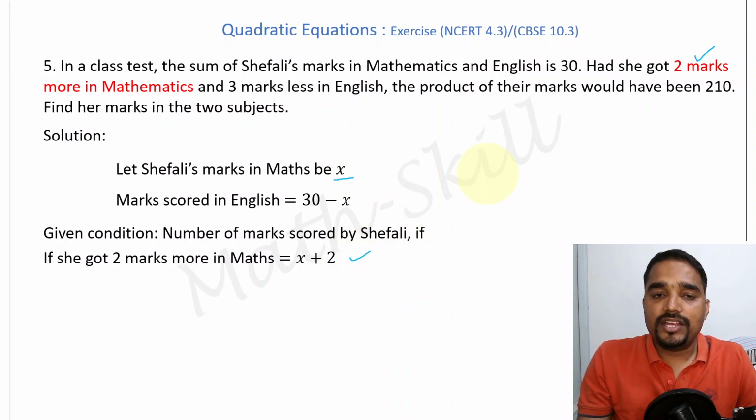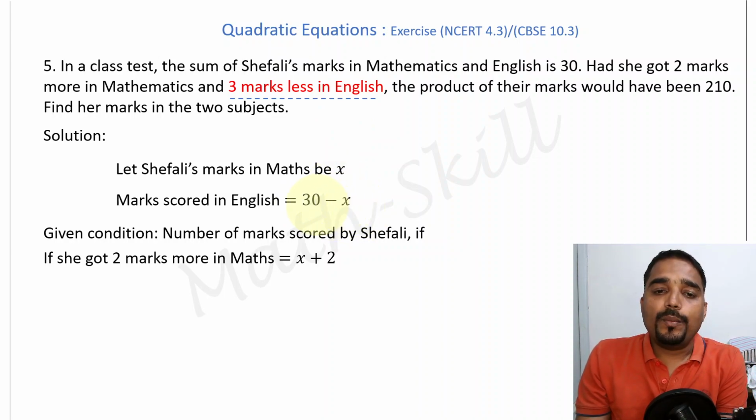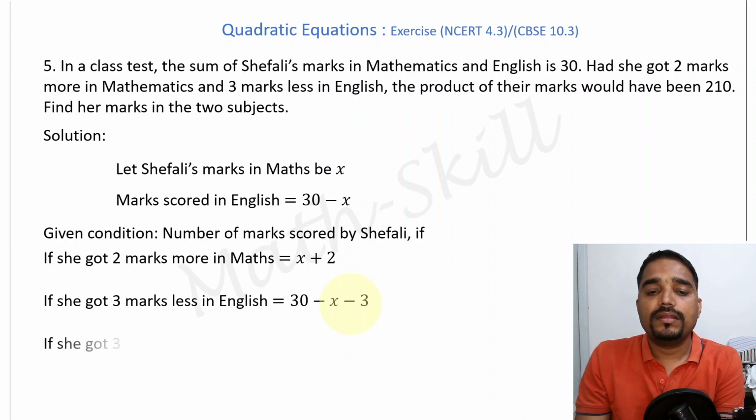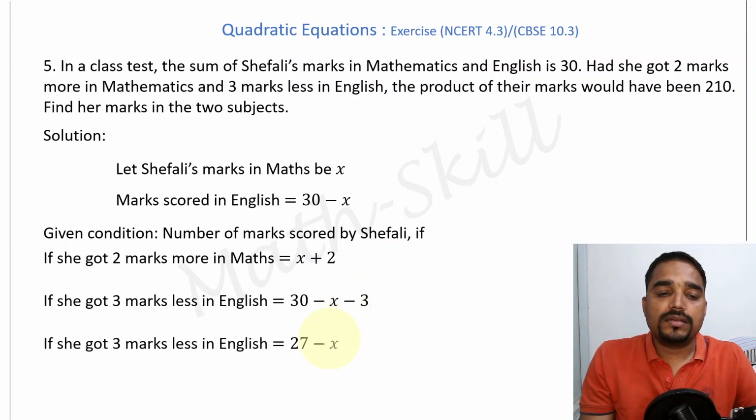The second condition is related to English: if she scored 3 marks less, then since we have found the marks in English as 30 minus x, the marks in English would be 30 minus x minus 3. So 30 minus 3 is 27, and 27 minus x is the number of marks she would score in English.